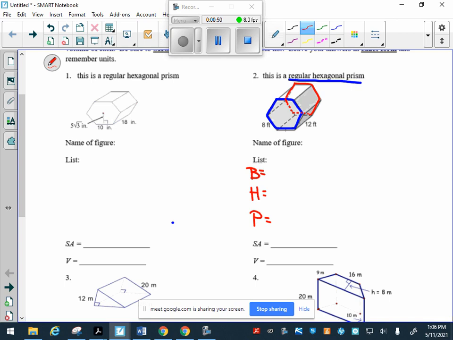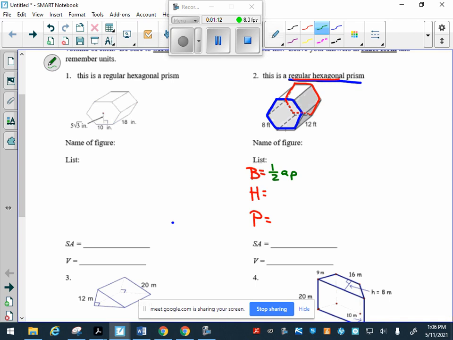So, when we look at the shape of the base, regular hexagon, that's what tells us that we're going to need to use 1/2 AP to find the area, because the base is a regular hexagon. And our formula for regular hexagons is 1/2 AP.